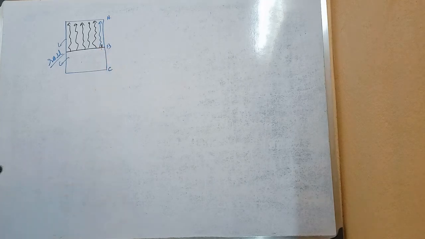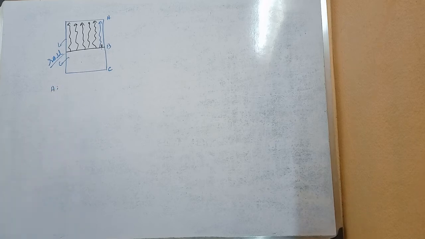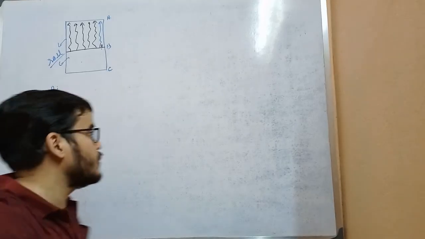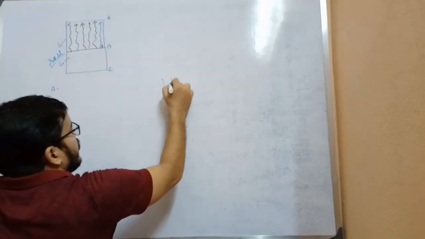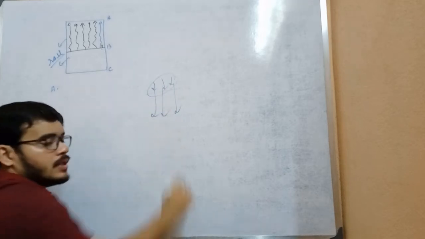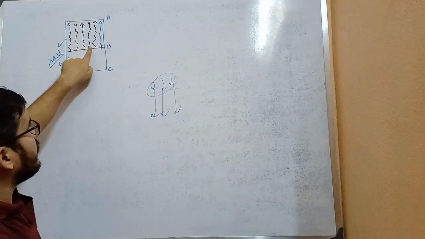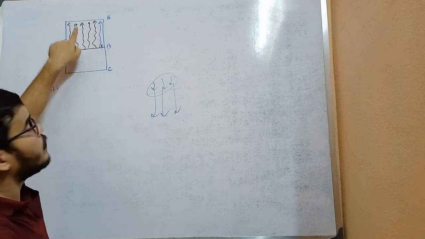Okay, for point A, look, generally we assume that when we apply load, the pressure or stress acts in the downward direction. But capillary force is acting in the upward direction.